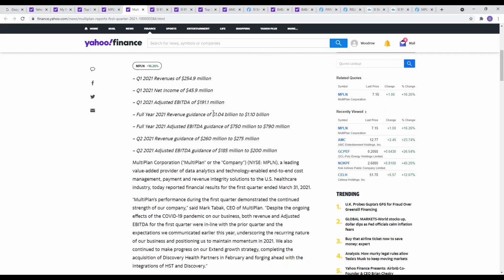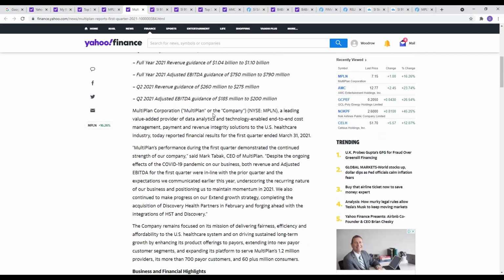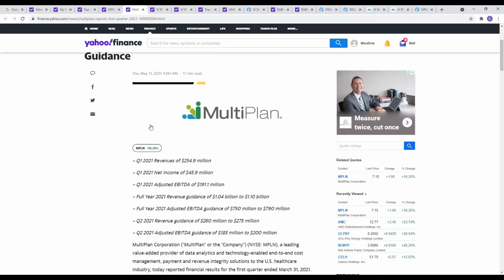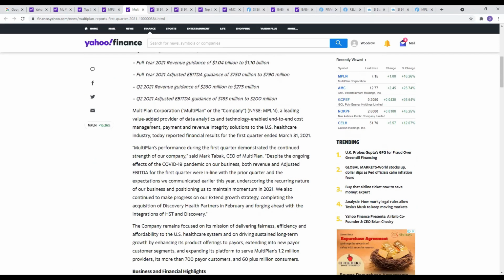So this company is looking profitable. Today, they reported financial results for the first quarter ending March 31st, 2021. This article was dated the 13th of May, so it came out yesterday. Today is the 14th of May.